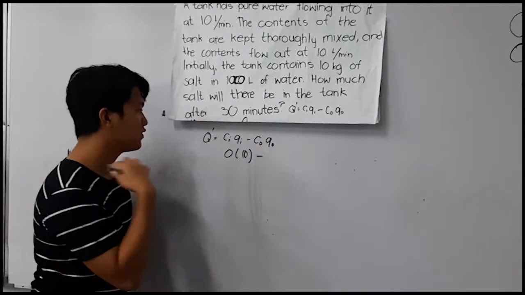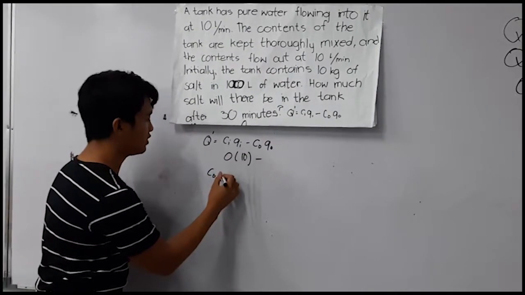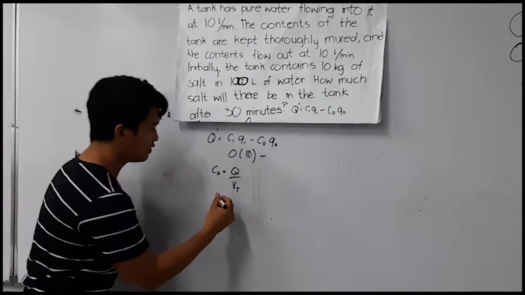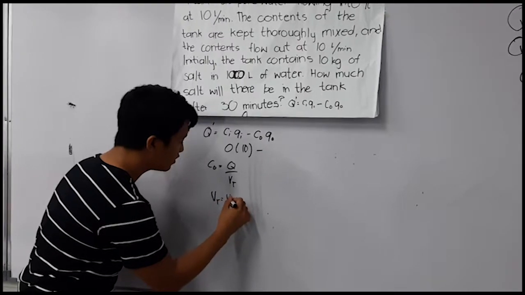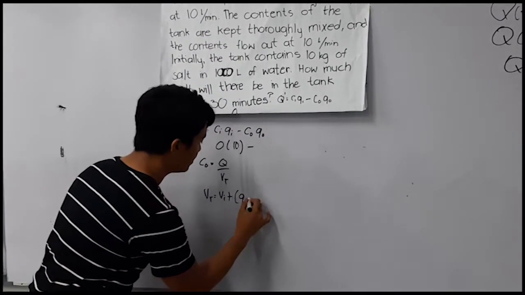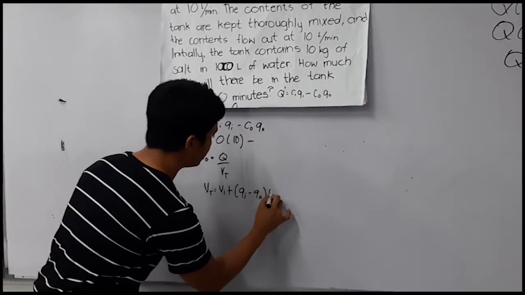minus, to find C sub O, we're going to use the formula Q over V of t. Our V of t is equal to V initial plus Qi minus Qo times t.